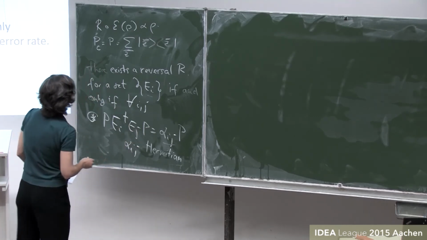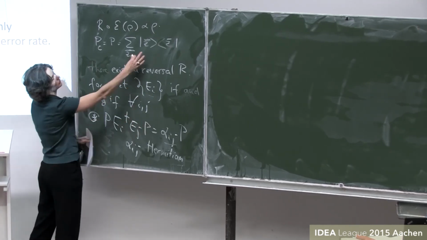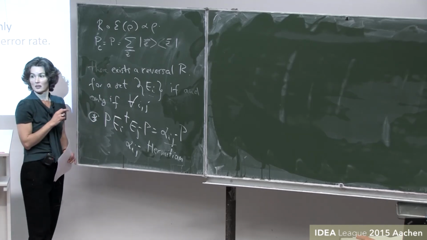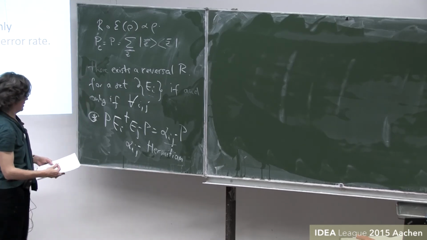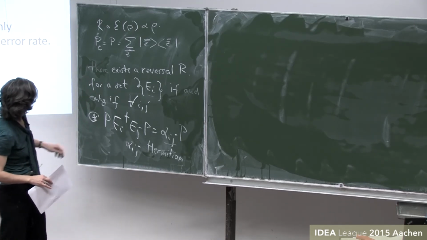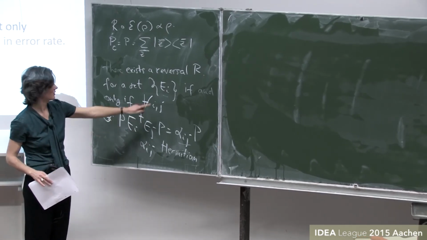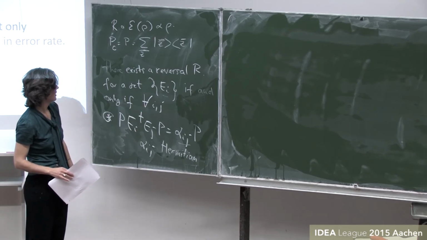And if you now start taking bras and kets with respect to these code words, you can see that this is equivalent to that. Okay, but I'm not going to show you that. So this has to hold for all i and j in this set of errors, for i equal to j and i unequal to j.